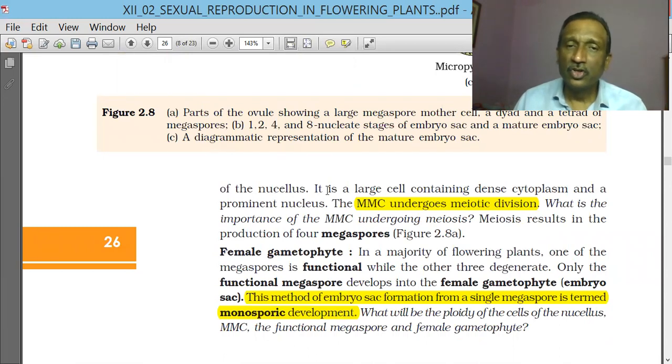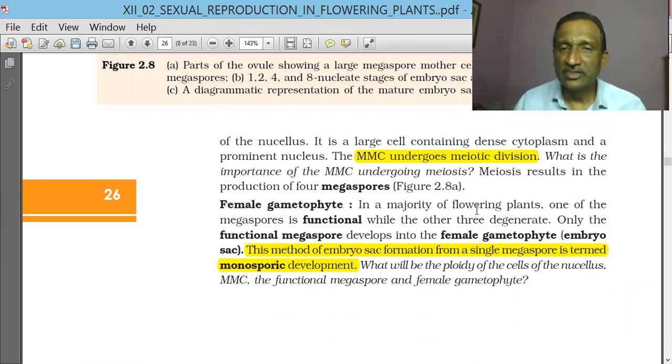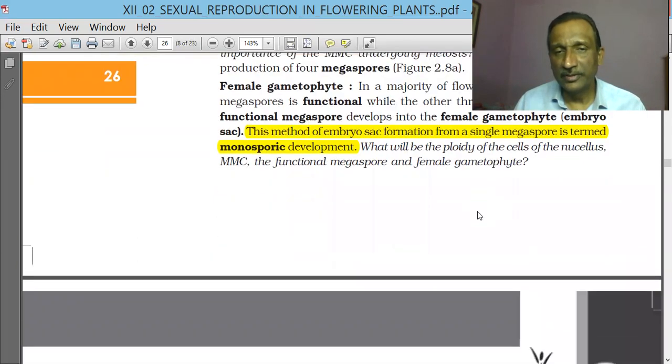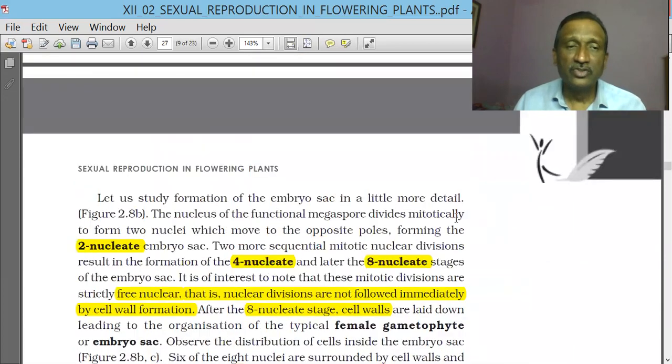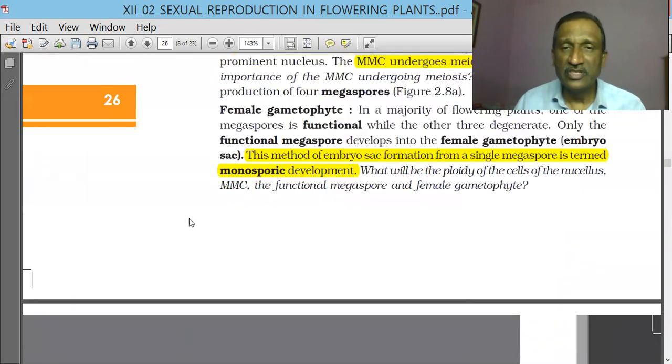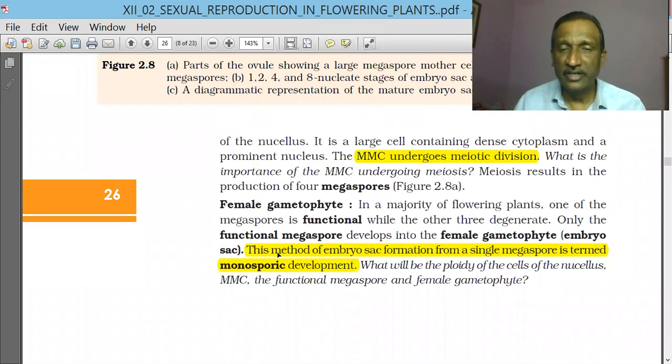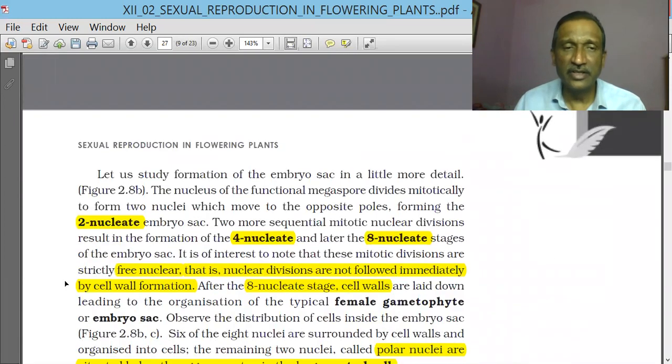The nucellus is a large cell containing dense cytoplasm and a prominent nucleus. The MMC undergoes meiotic division. We have already studied all these things, so I am not confusing you anymore. We have already studied how the four cells are formed, out of that three degenerate and further development takes place from one cell. This is called monosporic development, and then the nucleus divides three times by mitosis.